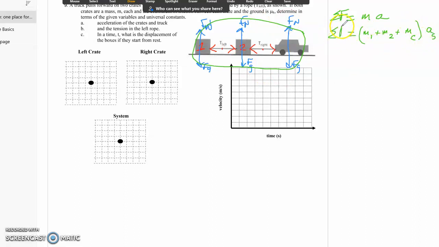If I summed all the forces on that whole thing, what would be true then is that these two would cancel, and there would be some engine on tires on road, some traction force here. So I could certainly do it that way.